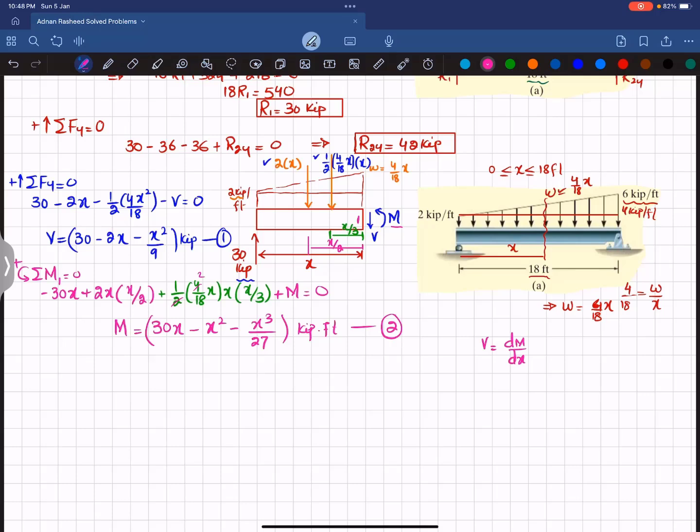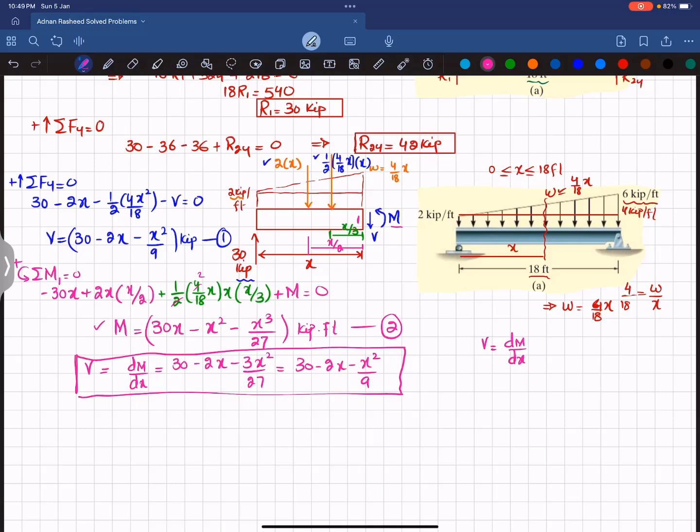So if you take the derivative of this equation, dM over dx, it will be equal to 30 minus 2x minus 3x square over 27, which will give you 30 minus 2x minus x square over 9, and that is equal to the shear force, which you can confirm from equation number 1. These are the same, so it means that equation number 2 for the moment is correct.